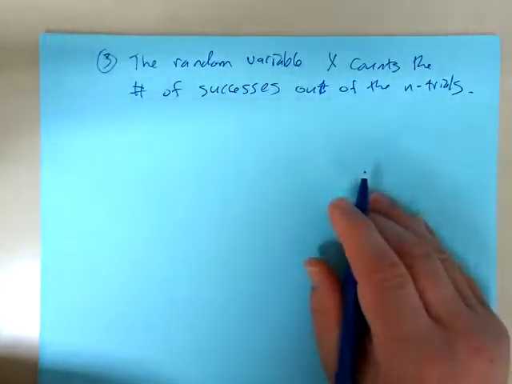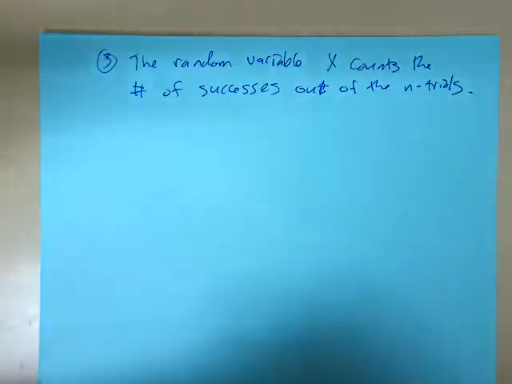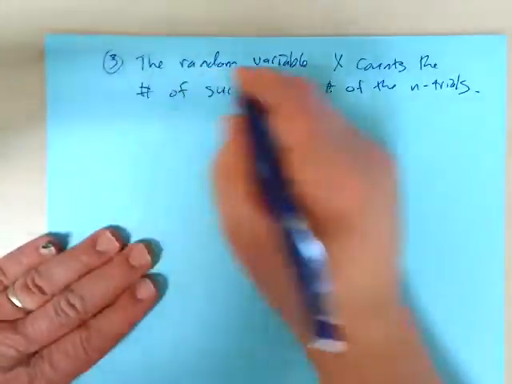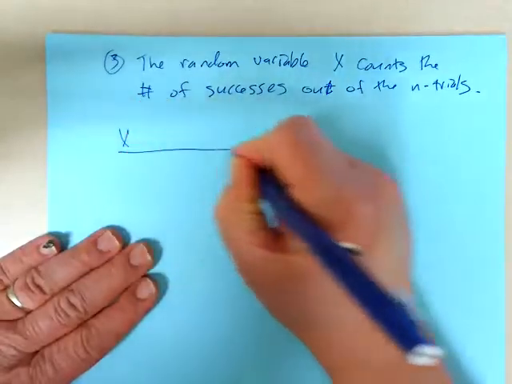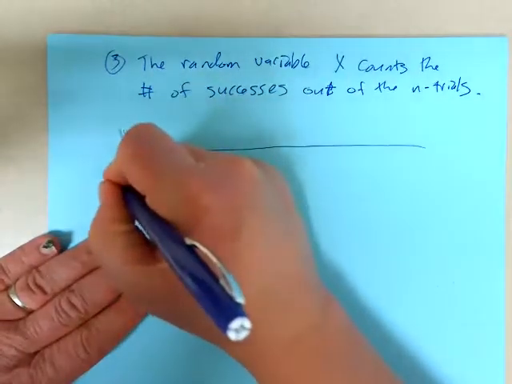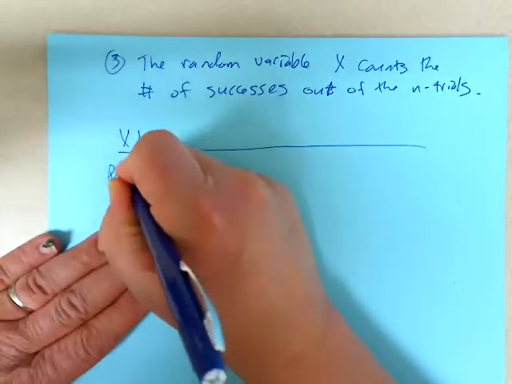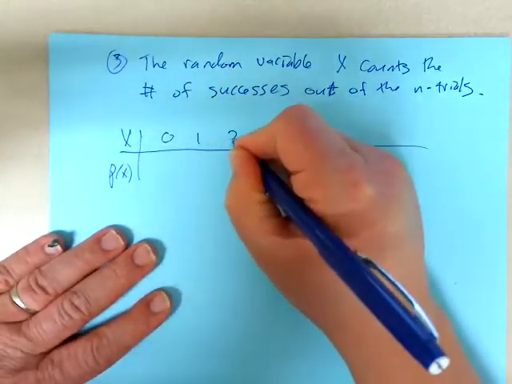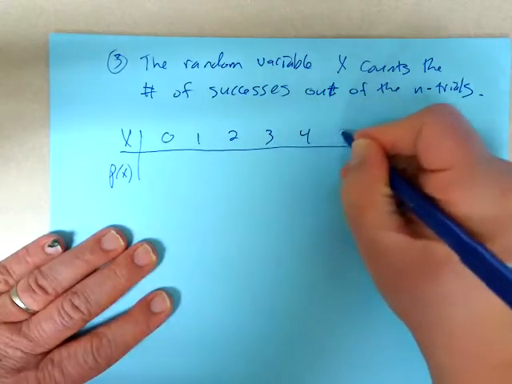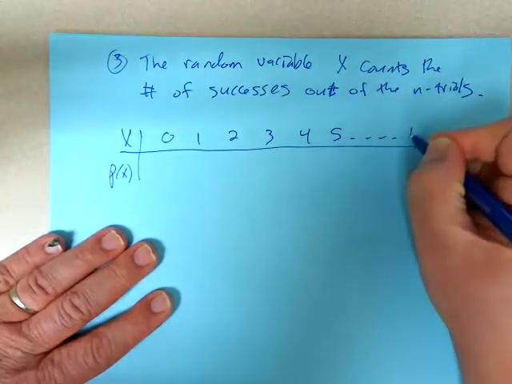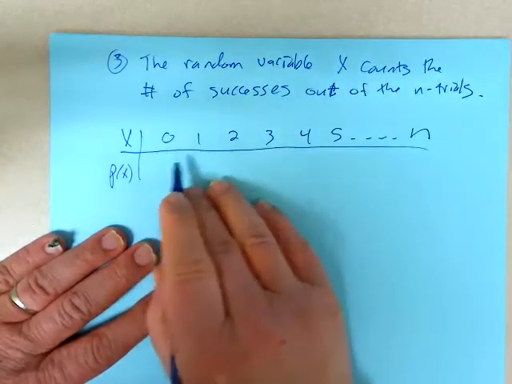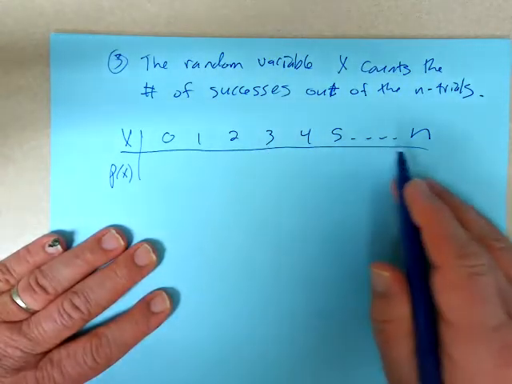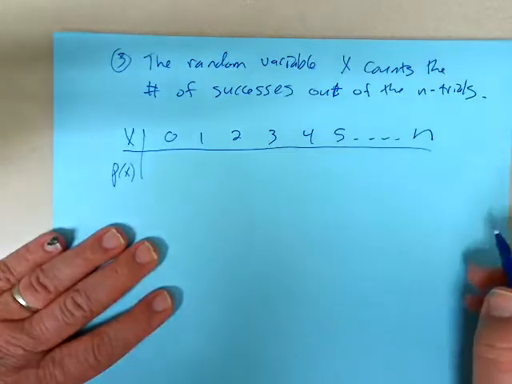Okay? So now the thing is, we can find the probability. You can almost think of X here as having a binomial distribution, right? Where this would be 0, 1, 2, 3, 4, 5, on up to n. So you could have no successes, 1 success, 2 successes, 3 successes, 4 successes, 5, on up to n successes.